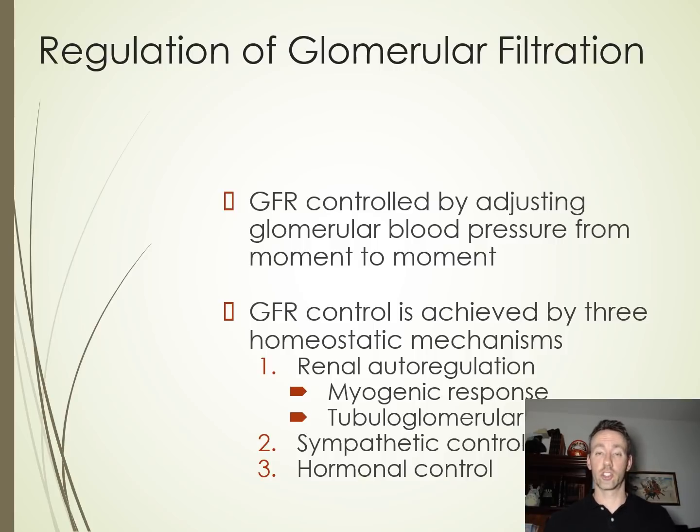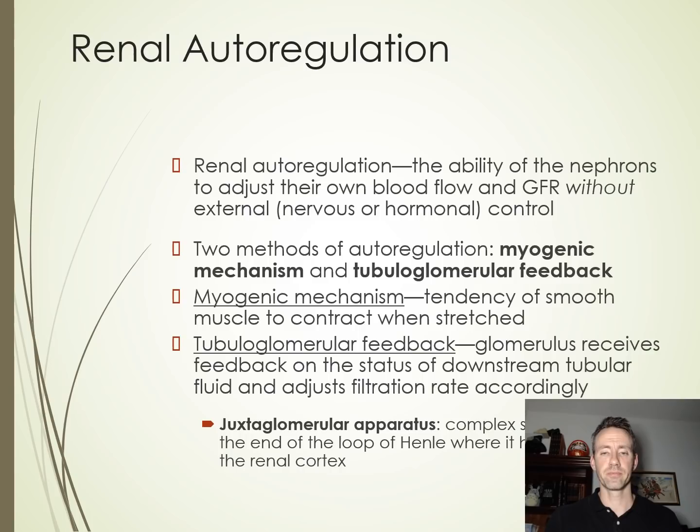So if there's a sudden surge in blood pressure, they'll constrict to reduce flow into the glomerulus to help maintain the GFR. Then there's tubuloglomerular feedback, which has to do with feedback from inside the nephron itself, telling the afferent or the efferent arteriole to constrict or relax to help adjust blood flow to that glomerulus. There is some sympathetic control, which is typical for the body when it's under duress, and then hormonal control, which we'll talk more about in lectures to come.